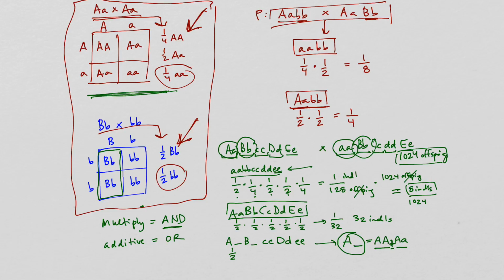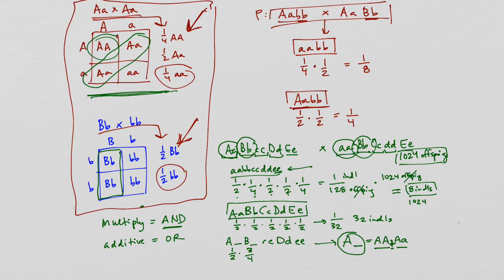We have the combination of big B, so 1/4, plus heterozygous, 1/2, so that's 1/4 plus 1/2. Or we could actually just write this as 3/4. 3/4 of the offspring will have a big B.